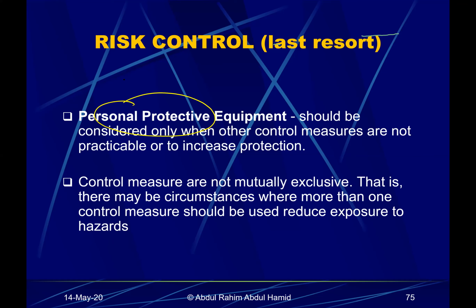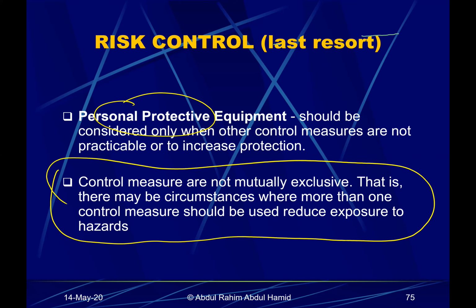And the last sentence here, I mentioned here, is a very important sentence. Control measures are not mutually exclusive. Meaning to say, there is no one control measure that you can use that can solve all your problem. Meaning to say, you must use the control measure in combination.